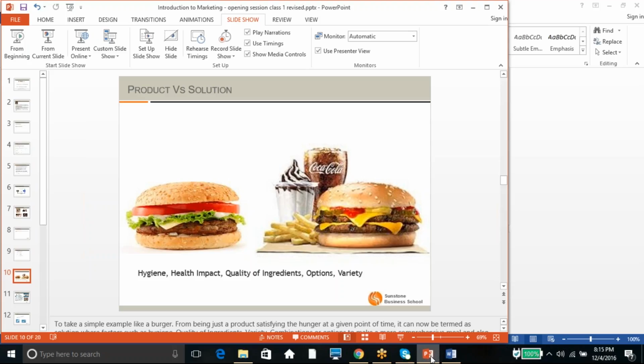Not only to satisfy hunger, but also to have different tastes, to get the dessert as well, to have something to drink as well. And the solution can therefore be customized for every customer in the way they want to get it. Okay. So it's just a little built up on the word product or service, and it's easier to call it solution.